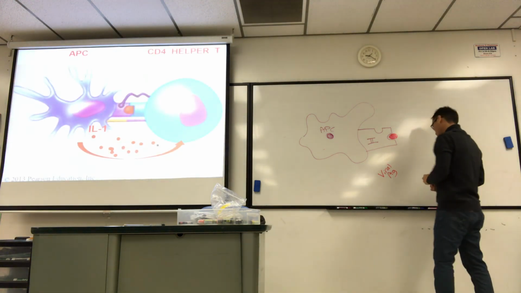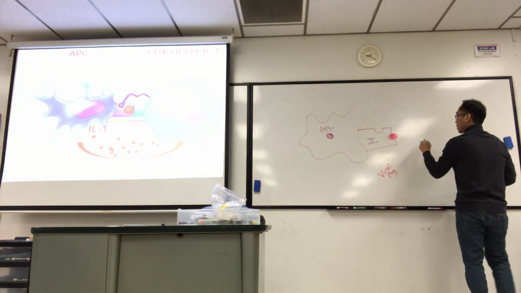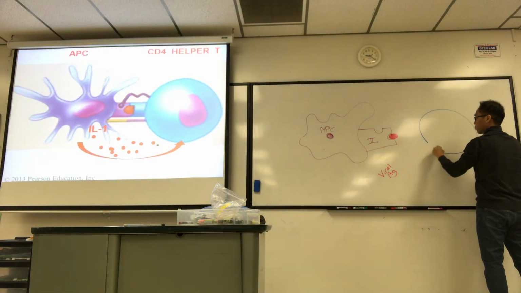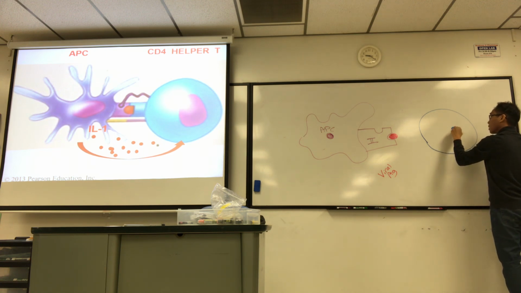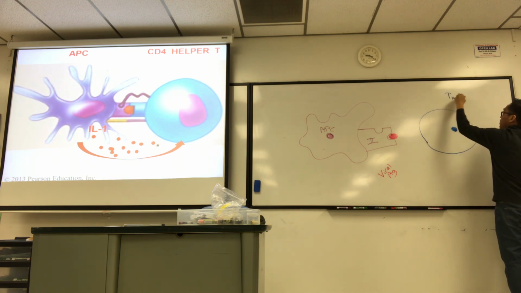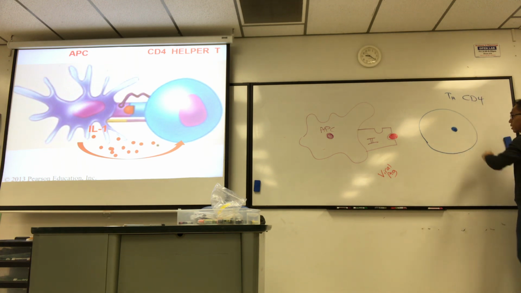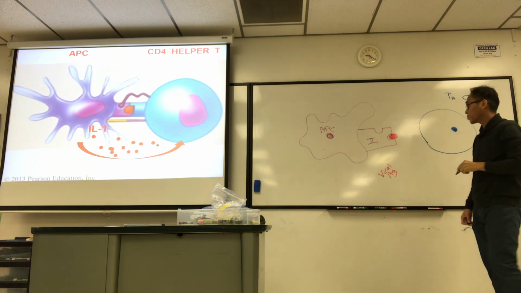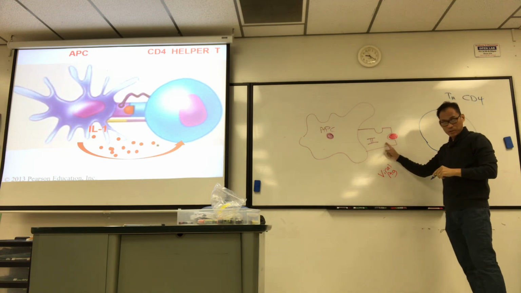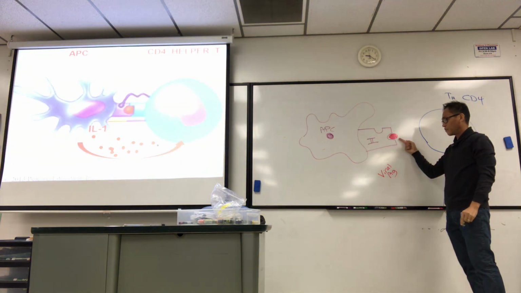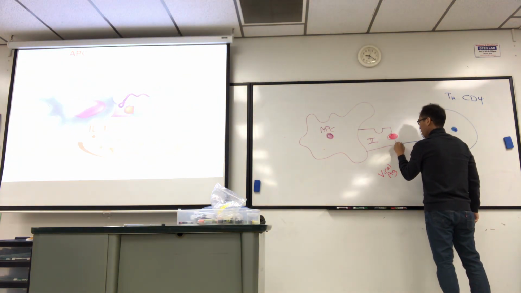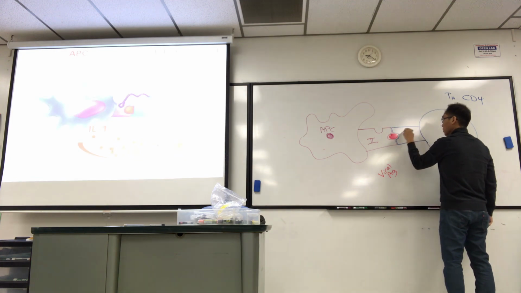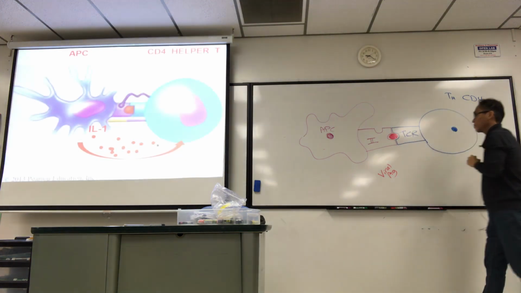You got the helper T cell, CD4 cell, whatever you want to call it. It presents a T cell receptor that can interact with MHC2, but it's also specific for this viral antigen. So TCR. Okay.